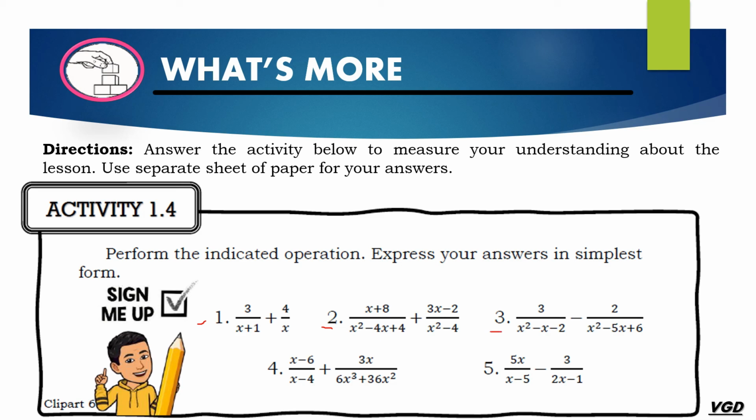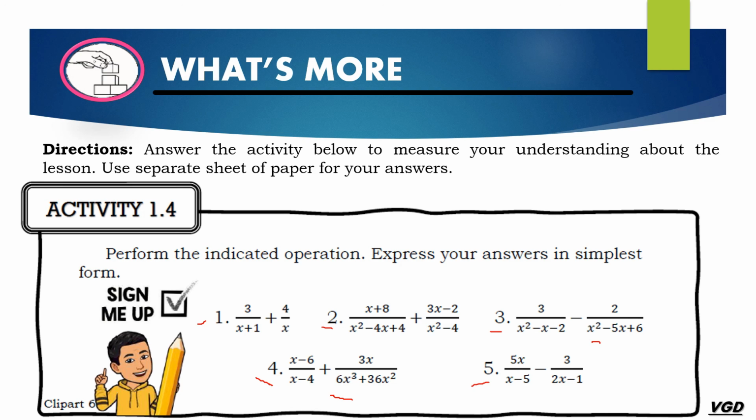We also have number 3, 3 over x squared minus x minus 2 minus 2 over x squared minus 5x plus 6. Number 4, we have x minus 6 over x minus 4 plus 3x over 6x cubed plus 36x squared. And the last number, 5, 5x over x minus 5 minus 3 over 2x minus 1.